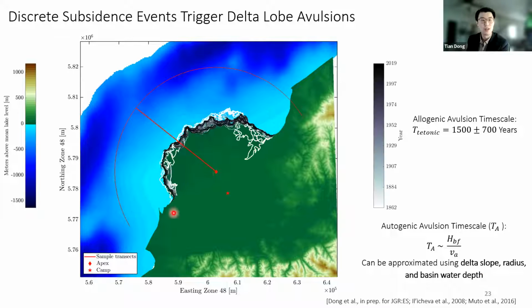I also compiled shorelines using both historical maps and Landsat images. That covers the last 152 years, from 1862 to 2019, so I can measure shoreline dynamics since the lobe avulsion driven by this tectonic subsidence event.